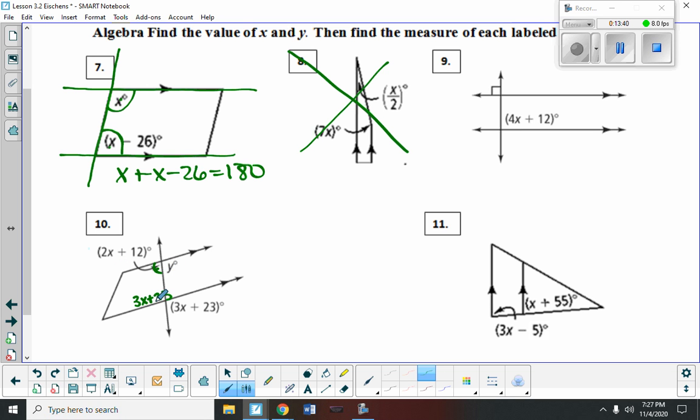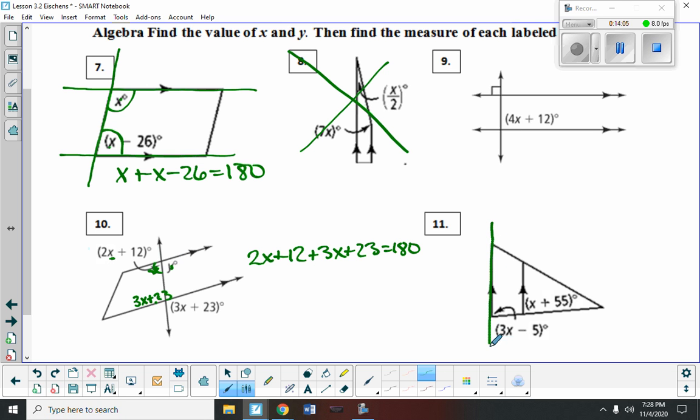These are same side interior. So you could do 2x plus 12 plus 3x plus 23 equals 180. And then you solve that equation. And then you're going to have to plug x back in to find this angle. And then whatever this entire angle is, you have to subtract from 180 to find y. So that's a hint to get you started.